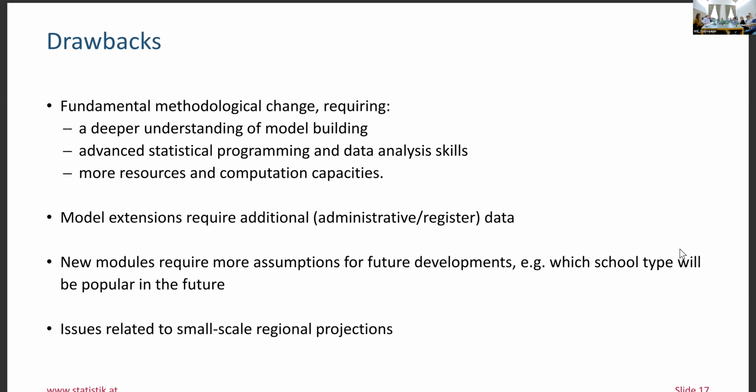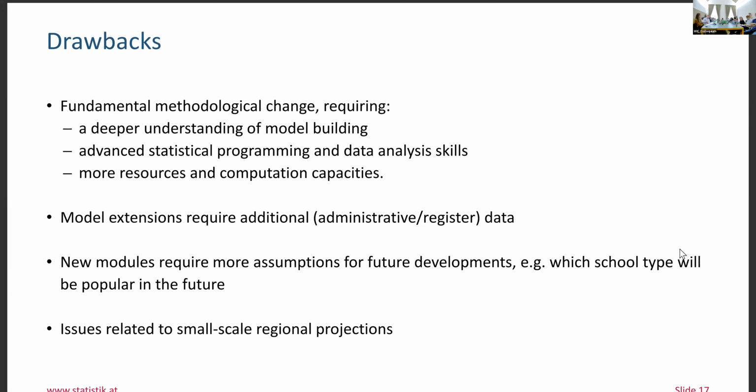Then there are some issues when simulating demographic events in small regions, which could be municipalities with only a couple hundred inhabitants. When the population is small, rare events might just not occur in the simulation because there is a randomness effect at play that we wouldn't have in the deterministic cohort method.